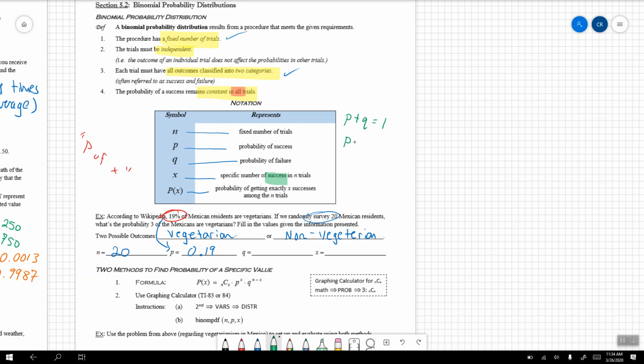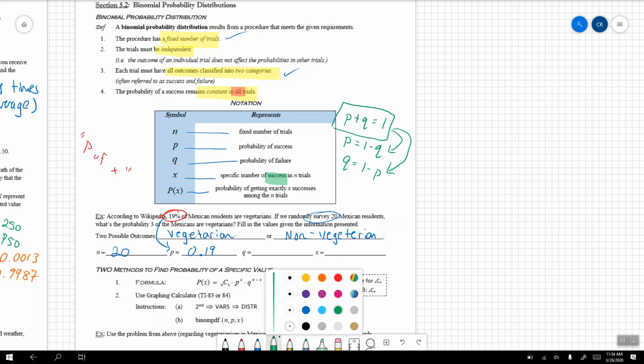Therefore, if we have the probability of success, then the probability of failure is just 1 minus P. So Q is 1 minus P. If P, the probability of success, was 0.19, then Q must be 1 minus 0.19.